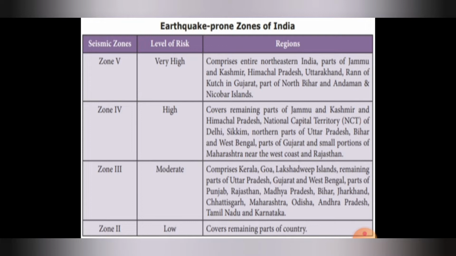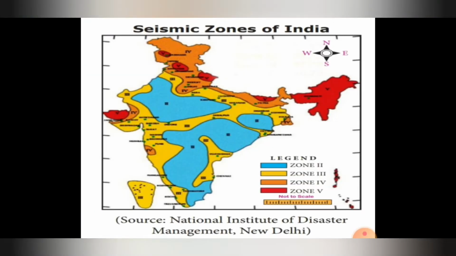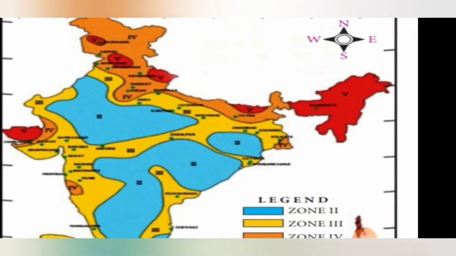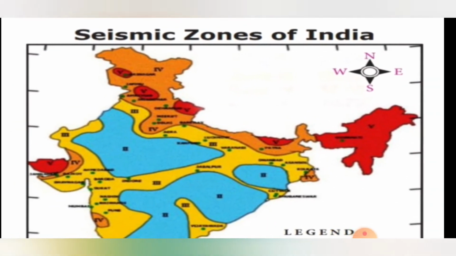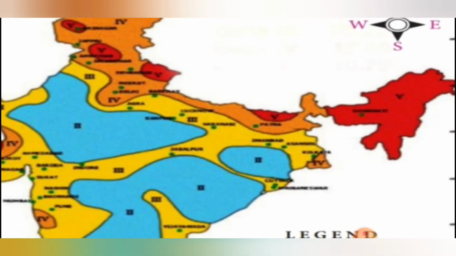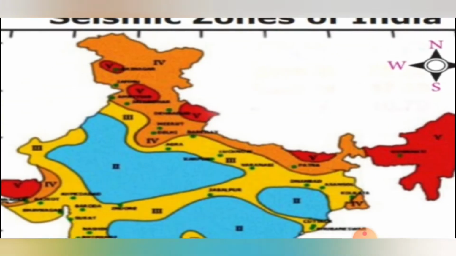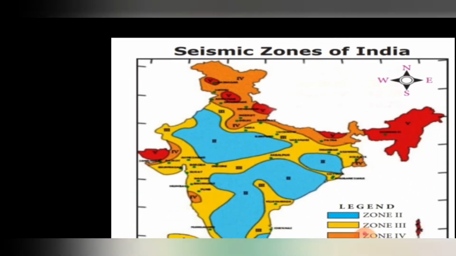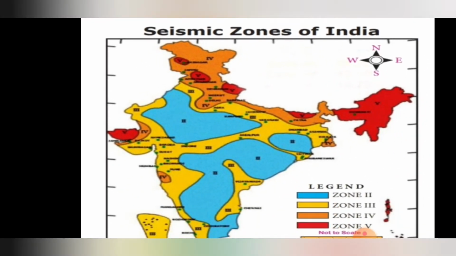Seismic zones they have divided into 4, right? Zone 5, 4, 3 and 2. What does zone 5 represent? It represents very high risk. You can see in this picture, zone 5 is very high, red in color. The places marked in red have been given Roman numeral 5, zone 5. These are the regions where earthquakes happen in a very high manner.